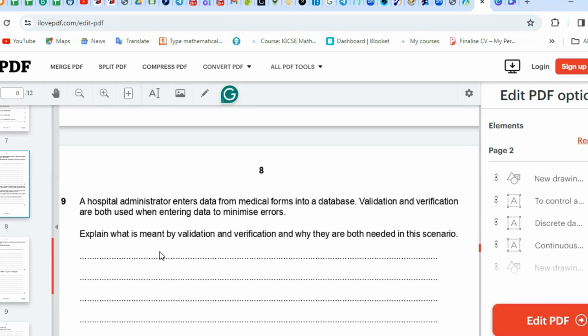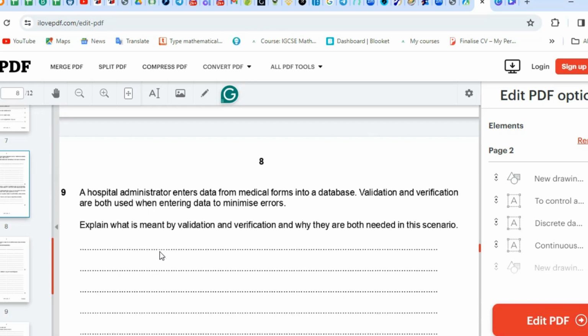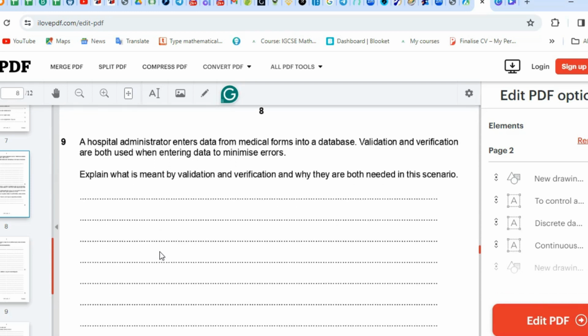Validation is an automatic computer check, while verification checks that the data on the original source document is identical to the data that you have entered into the system.